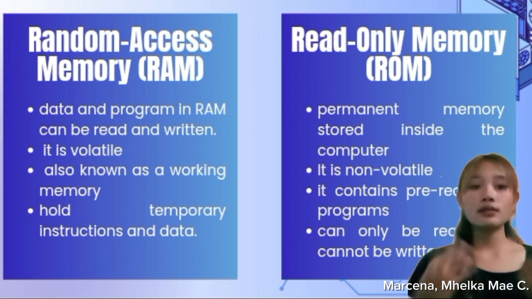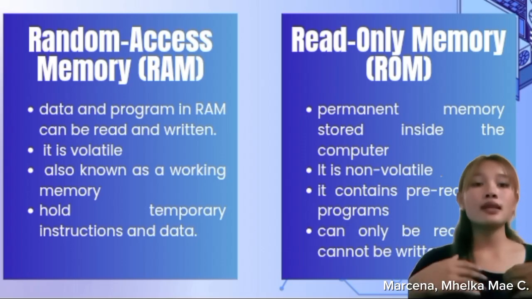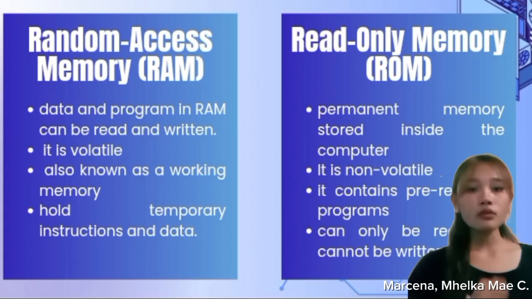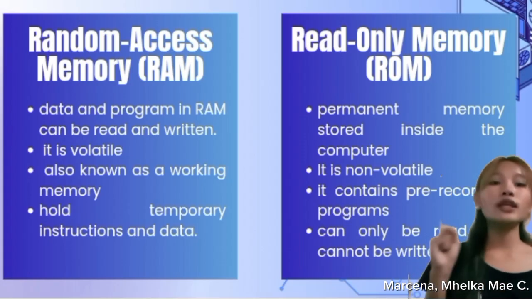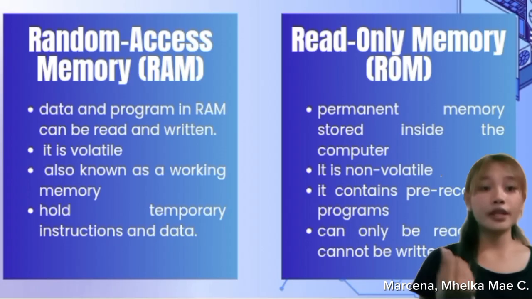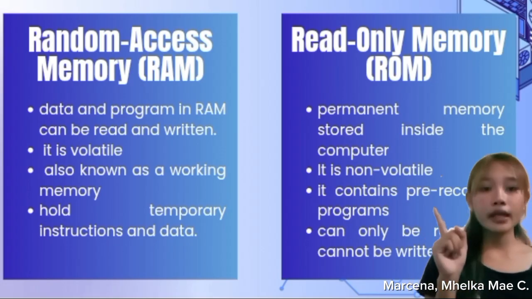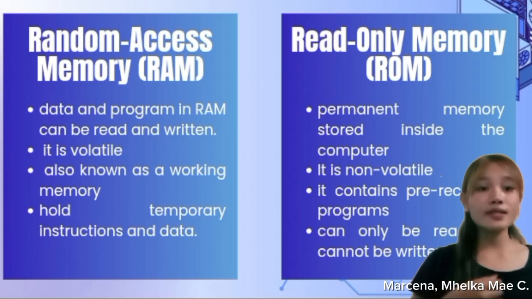It also allows the CPU to read and write quickly, which makes it an essential part of a computer's performance. It is volatile, meaning all data is lost when the computer is turned off. And it is called working memory because it stores data temporarily while tasks are being processed.